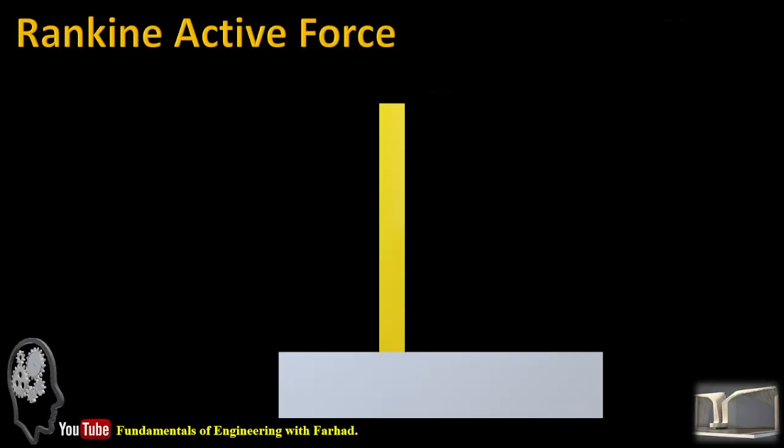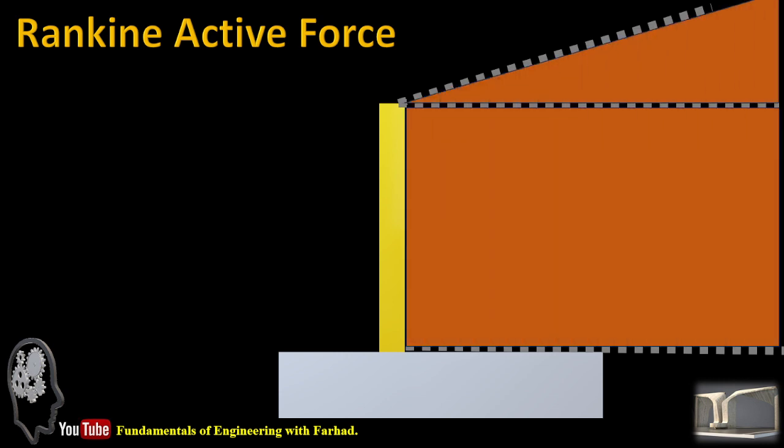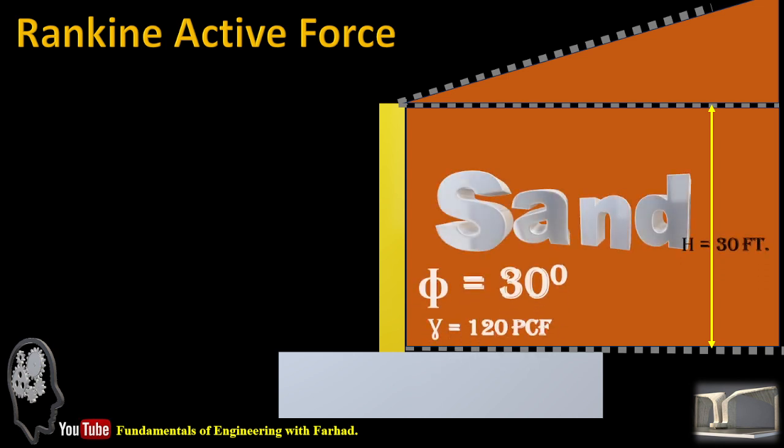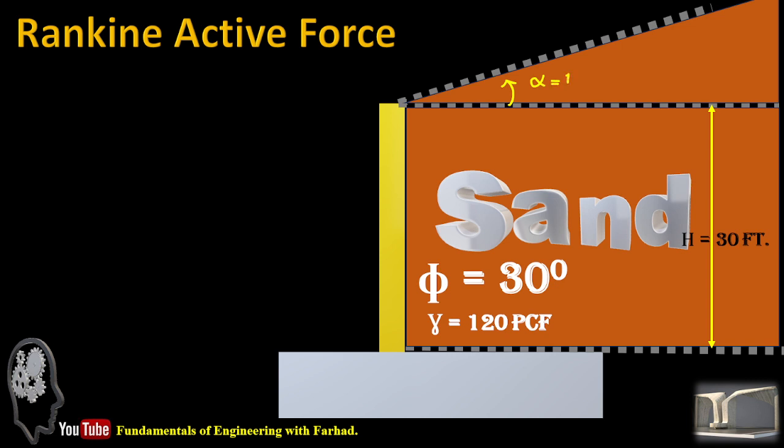In this example, we have a cantilever retaining wall, as you can see in the figure, handling a backfill soil with a slope of 15 degrees at the top.